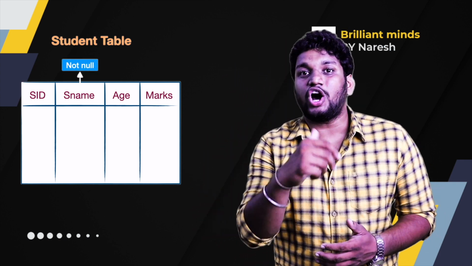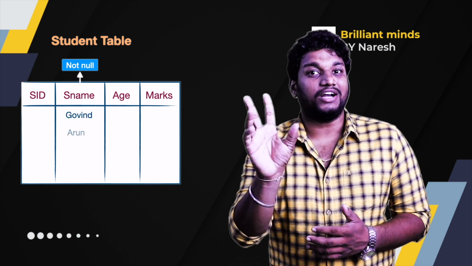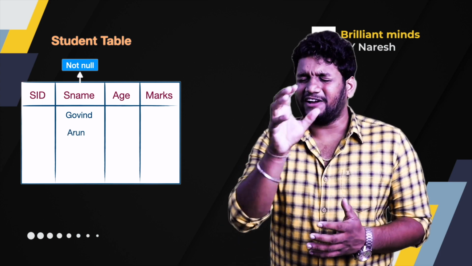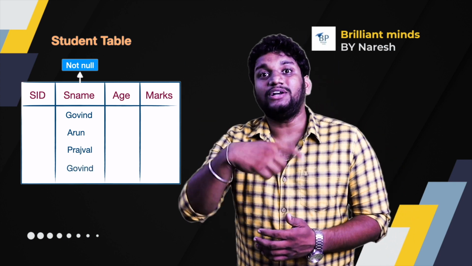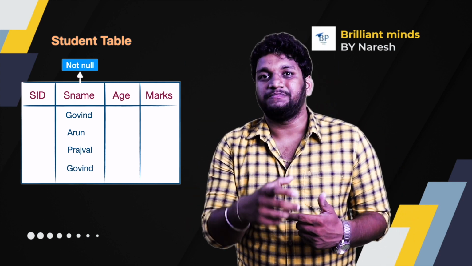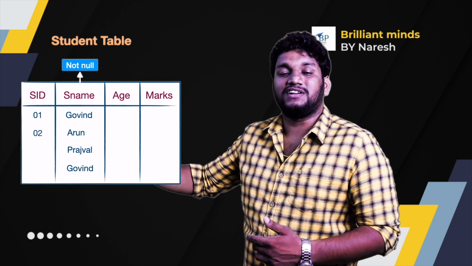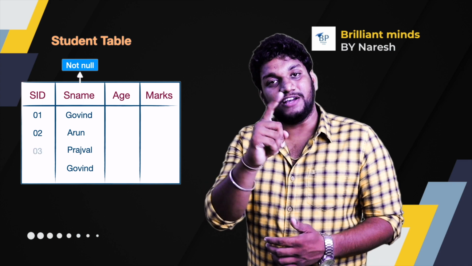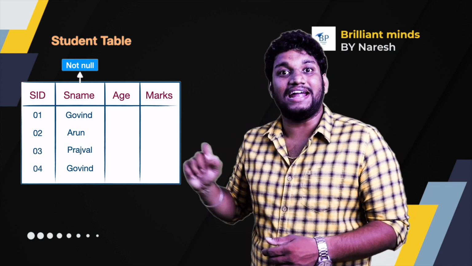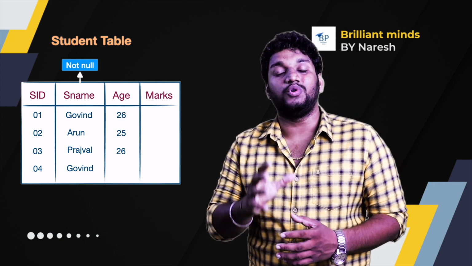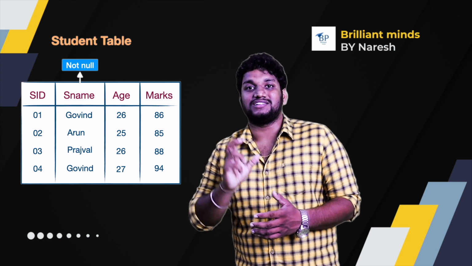Here it will not allow the null values. Null values means what? It will not allow the empty data. Definitely you have to give some data in student name column, but it will allow the duplicates, which means suppose if you use Govind again for a different ID, definitely it will allow. But if you are not giving any name for that student ID, definitely it is not going to allow. These are the set of rules for not null constraint.